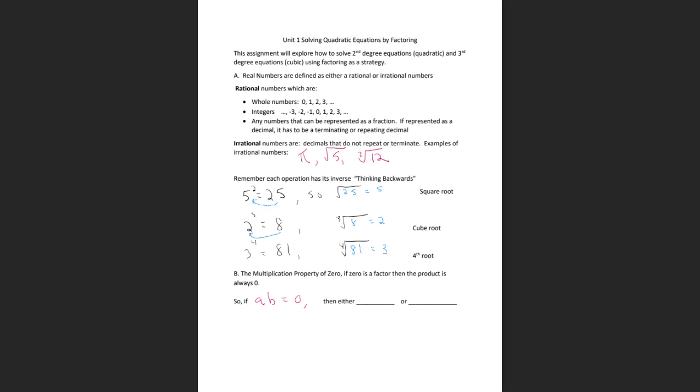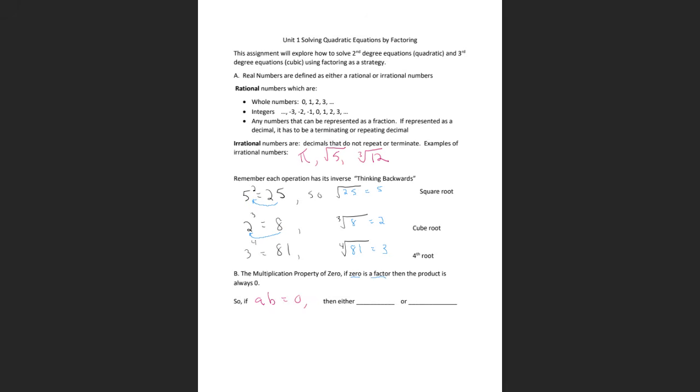Something else we come across in math is what's called the multiplication property of 0. When you multiply by 0, the answer is always 0. So what we say then is this: if 0 is one of the factors, then the answer, in other words, the product, will always be 0.